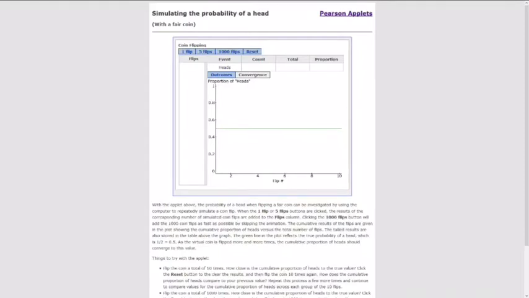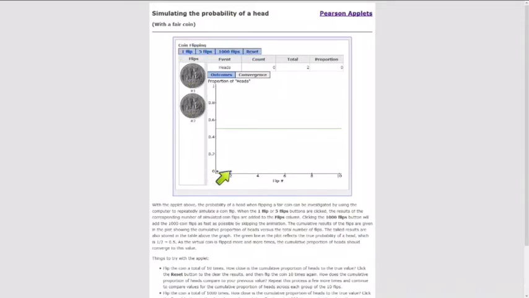So I'm going to flip the coin one time and we get tails. So right now we have 0 heads out of one flip for a proportion of 0, which you see here. And then flip again and we have a second tails.